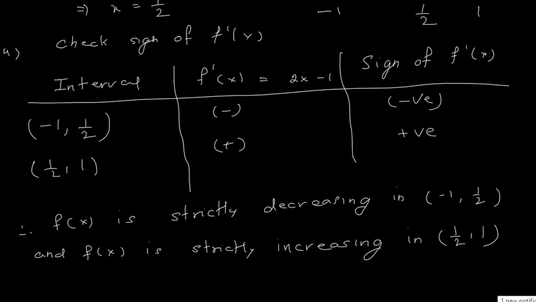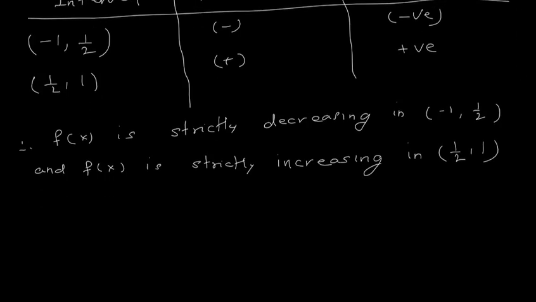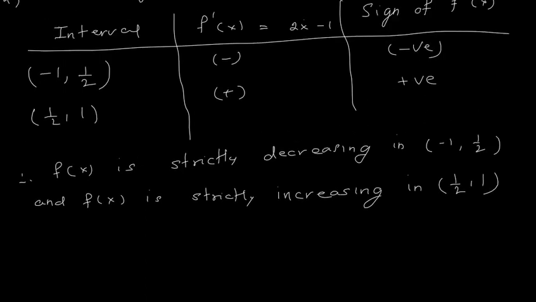So here f dash x, if you see, does not have the same sign throughout the interval minus 1 to 1.